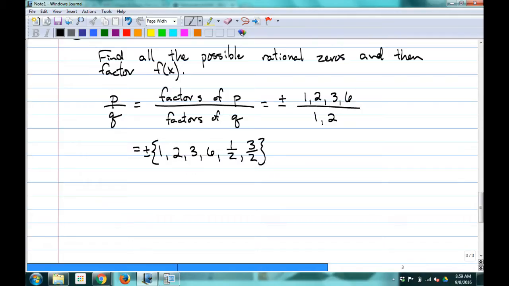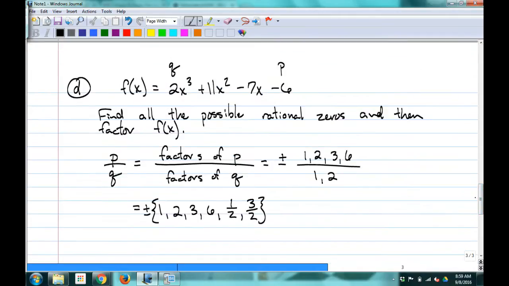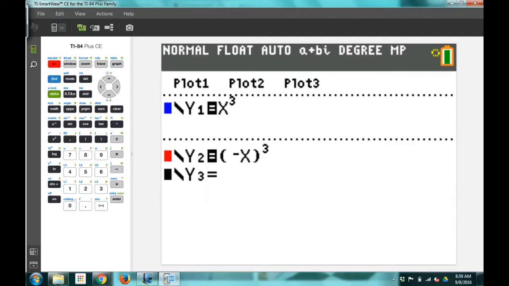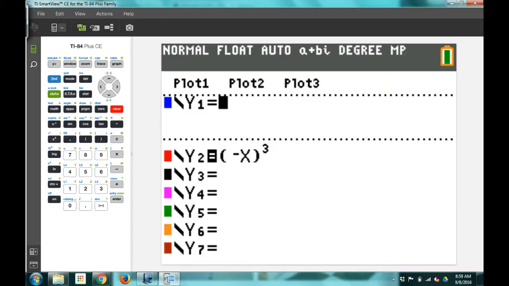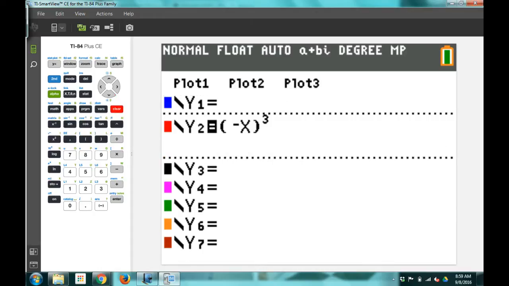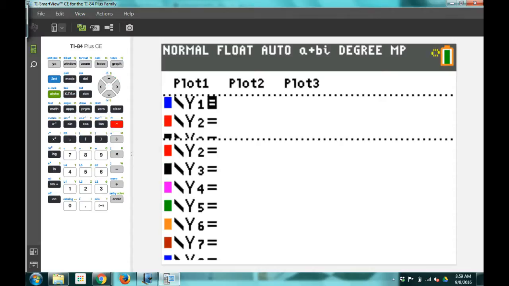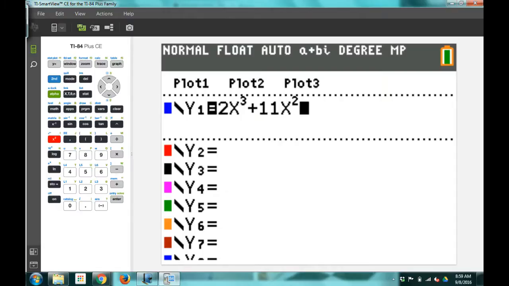You're going to take that original function, and we're going to graph it on a graphing calculator. I'm going to go to y equals. Make sure your plots are turned off. You're not running any kind of app that's going to mess things up. And type in that function, 2x to the third plus 11x squared minus 7x, and then a minus 6.